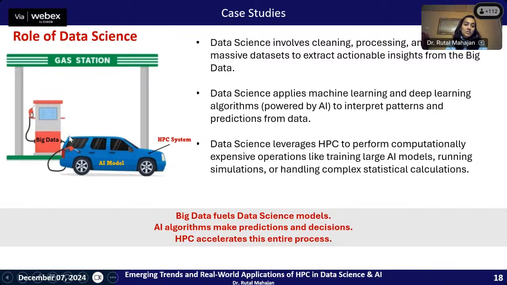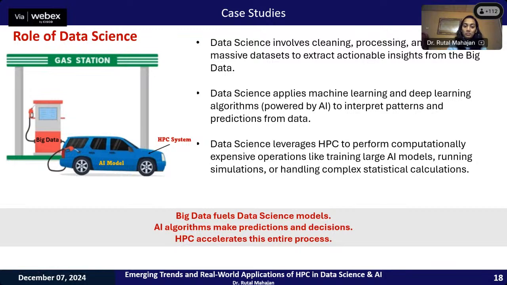And data science uses the HPC system, the engine of this car, to perform computationally expensive operations like training a large AI model, because the accuracy or performance of any of my intelligent systems depends on the training of that particular model.